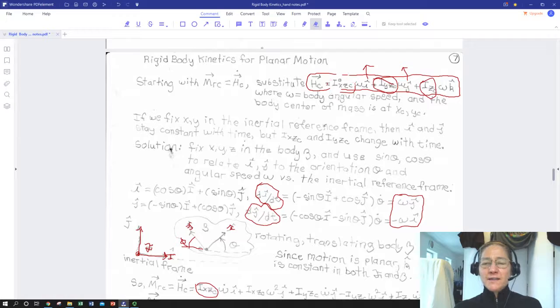We have a product: we have our omega, our angular velocity, and we have our little i hat. So we've really got a three-way product here. We've got a constant term, we have omega, and then we have little i hat, which will itself end up having a time derivative. So we're going to end up with two terms coming out of each one of these.